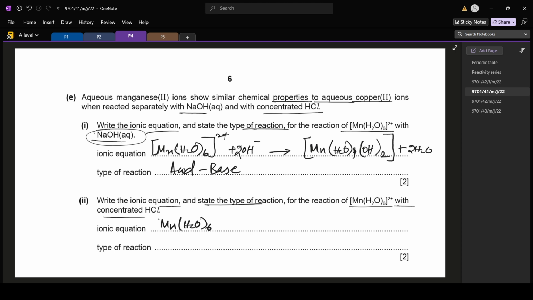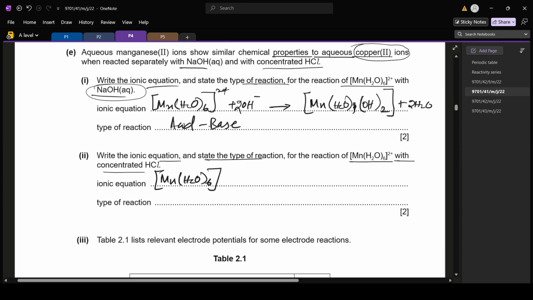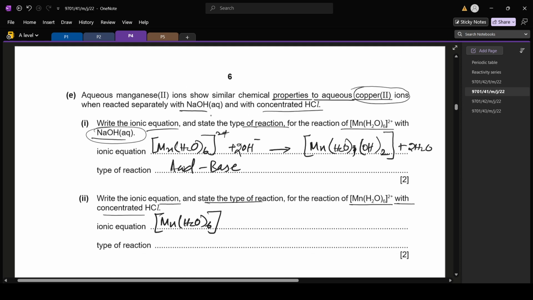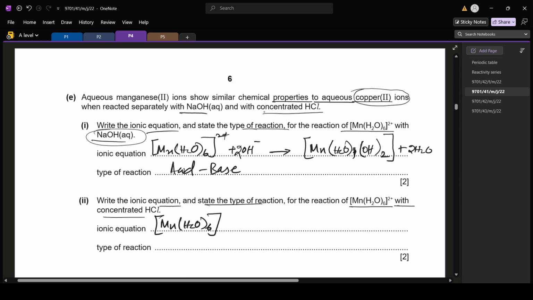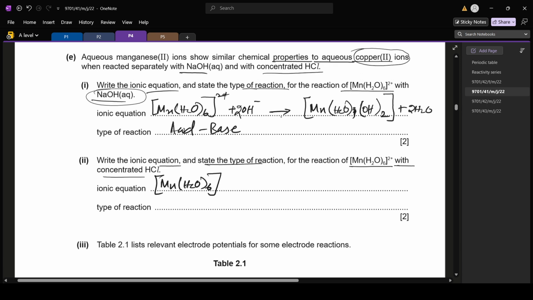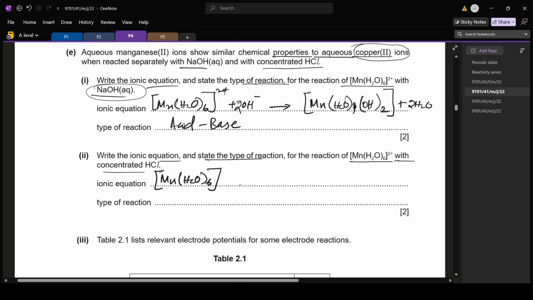You have to remember that the reactions are similar to those of copper ions, so you have to remember the reactions of sodium hydroxide and concentrated HCl with copper ions. Mn2+ plus Cl-, so this will form MnCl4.